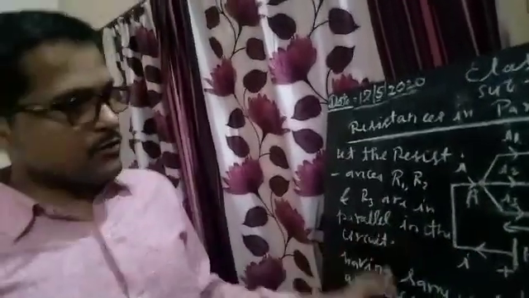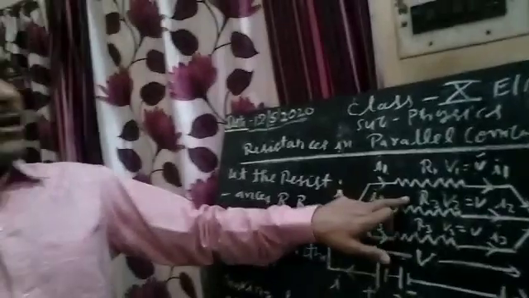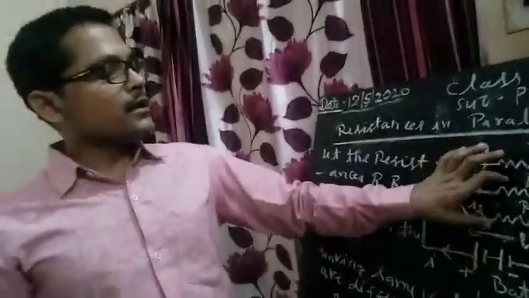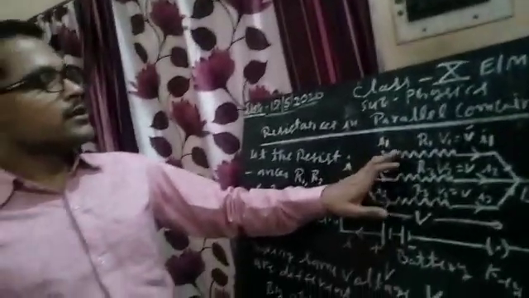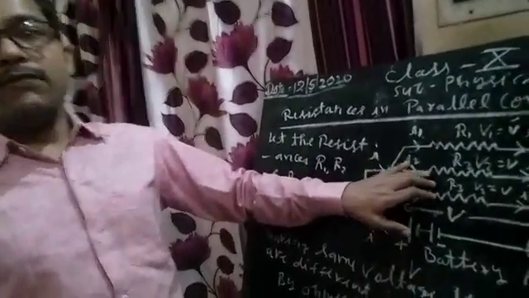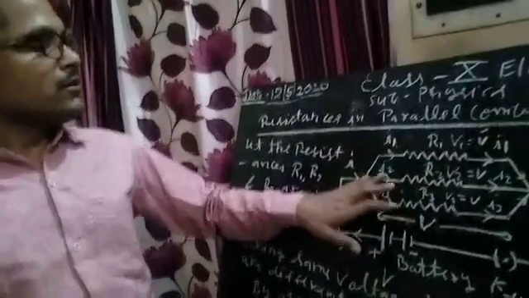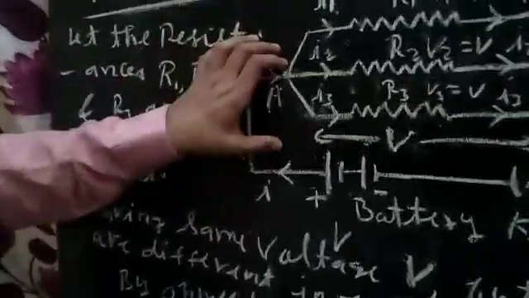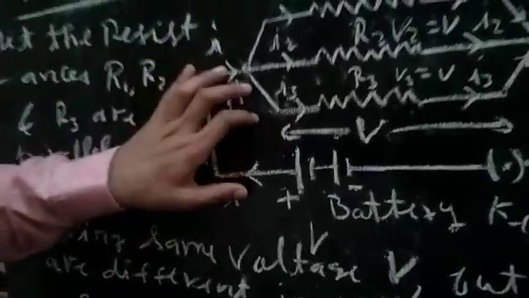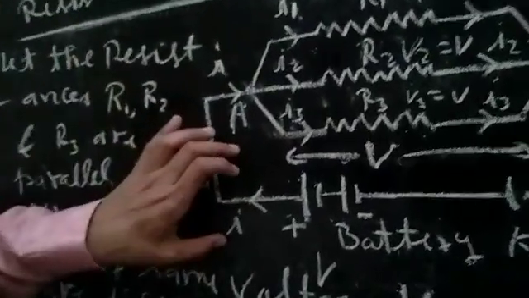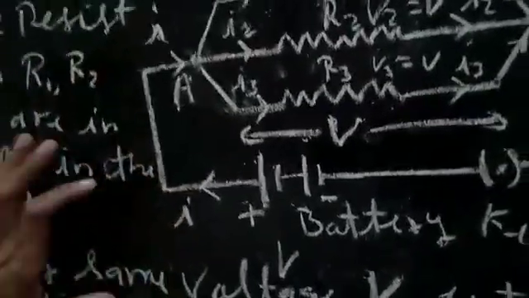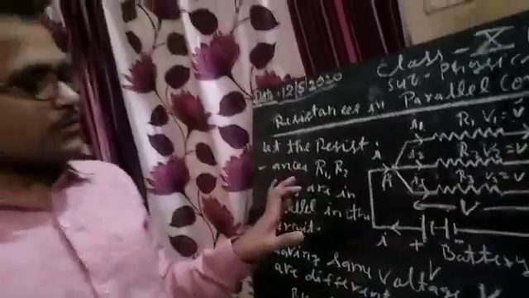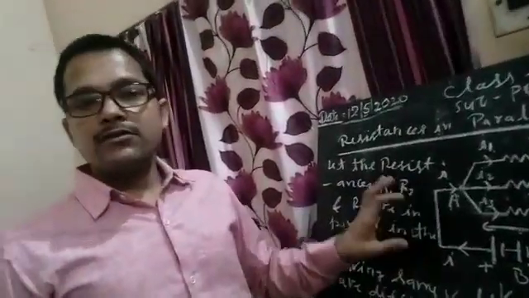Each of the appliances has different resistances and a different switch, so we can switch off and switch on without any disturbance in the circuit and without stopping the circuit. We get equal voltage and high current with reduced resistance. I hope all of you understood this video.